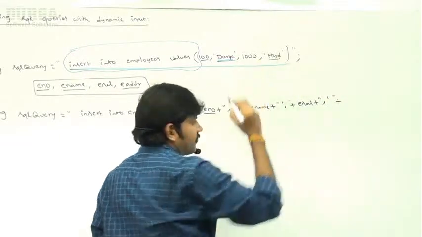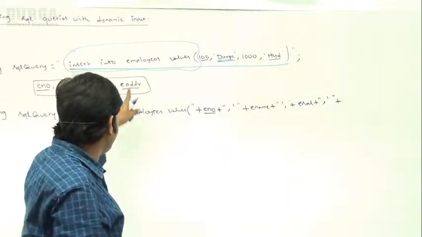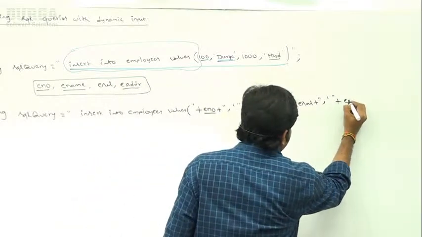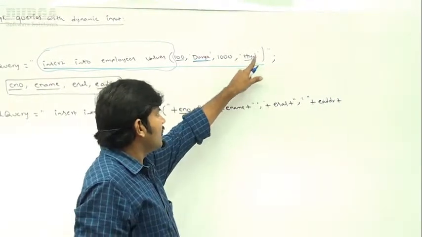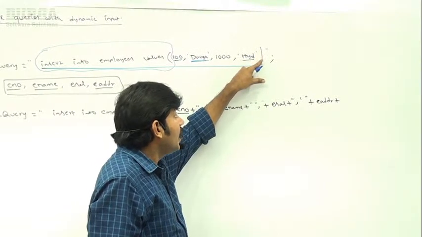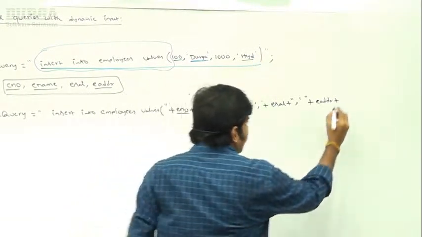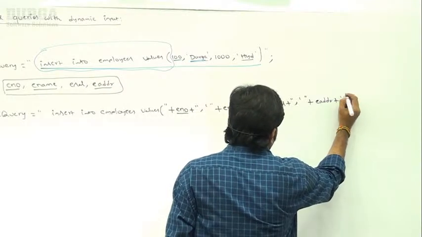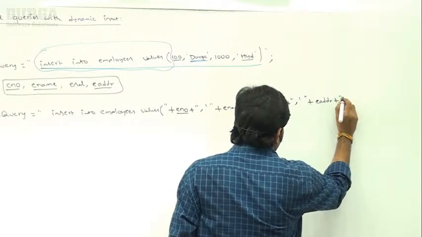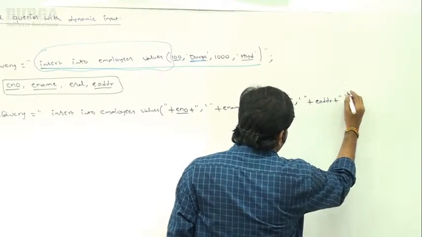Sir, this one, HYD. Where is HYD available, sir? eaddress. I took eaddress, plus. After eaddress, what is the next one? Single quote and then parenthesis. Sir, single quote, close, and then, of course, here double quotes open, and then single quote, parenthesis.